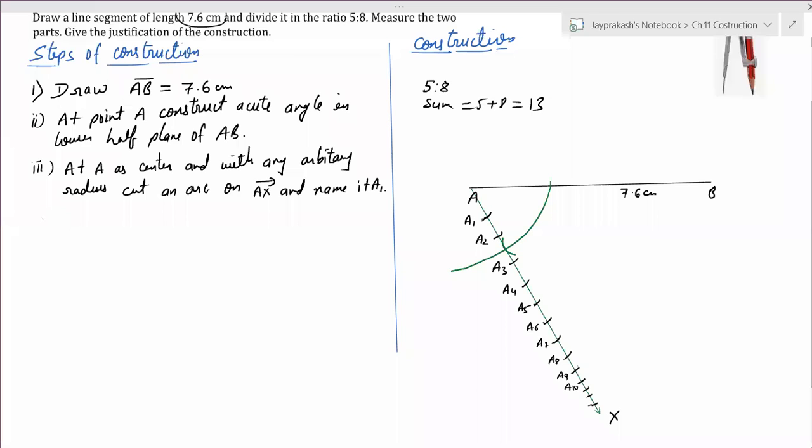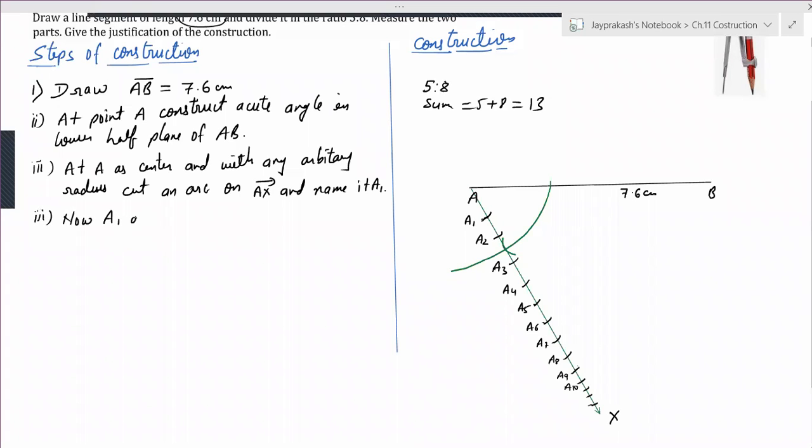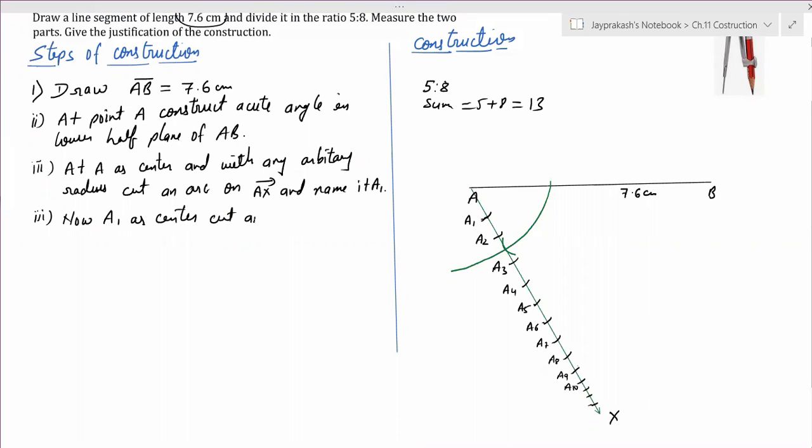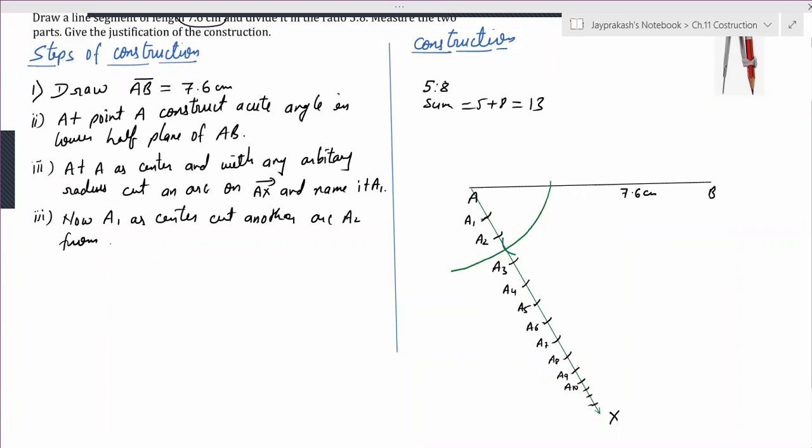So we will write here: now A1 as center, cut another arc A2, from A2 cut A3 with the same radius, till A13.